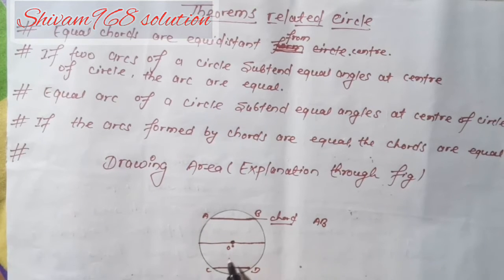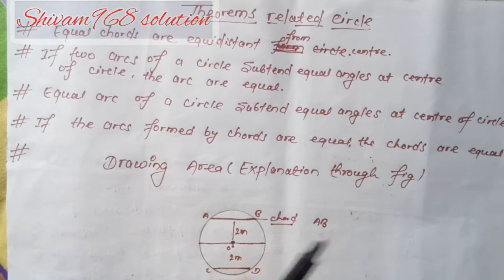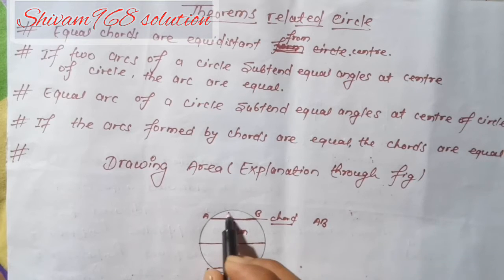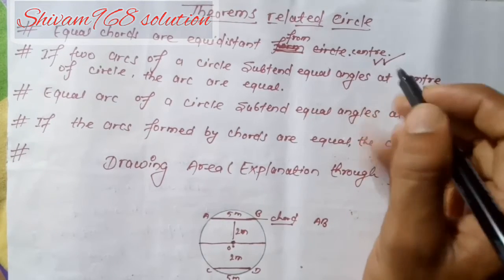If CD is 2 meters away from the center, then AB will also be 2 meters from the center of the circle. The main idea the theorem wants you to understand is that if AB and CD are two equal chords, say 5 meters and 5 meters, then they will be at the same distance from the center of the circle. I hope you understand the first theorem. This is clear now.